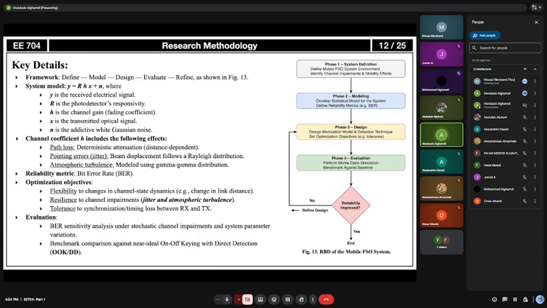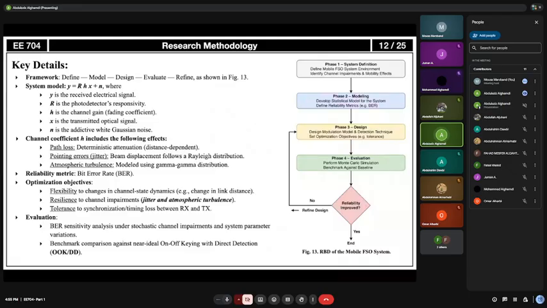And as we said before, for the reliability metrics, we only considered the bit error rate. The optimization objectives, as we discussed before, are flexibility to changes in the channel state dynamics, resilience to channel impairments or noise, and tolerance to the time shift or time loss between the transmitter and the receiver.